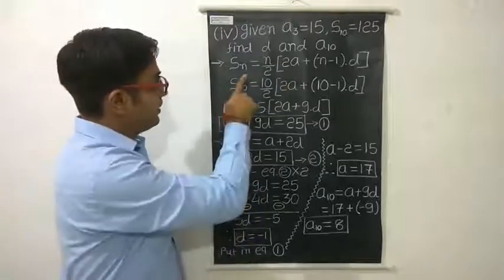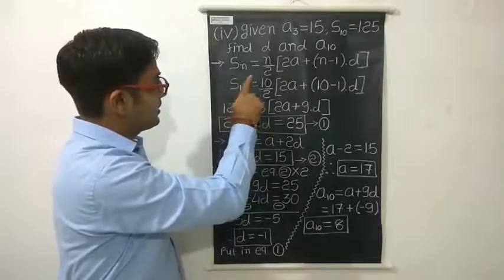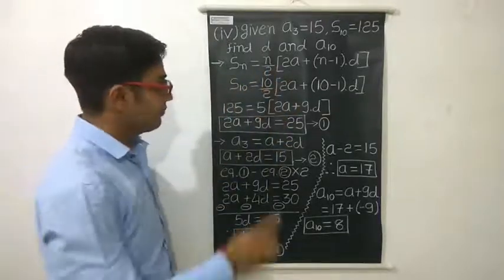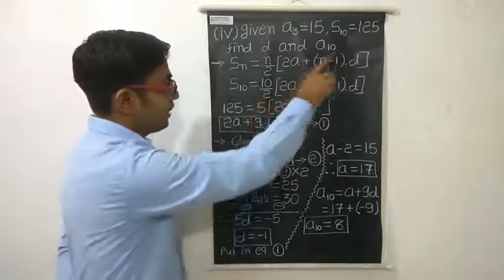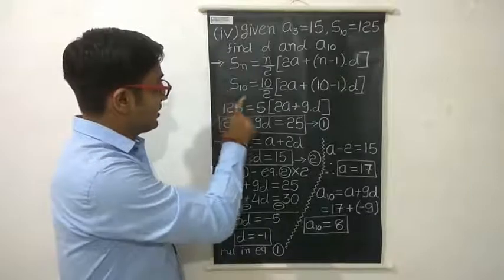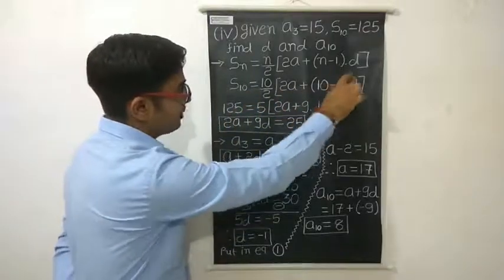The formula for the addition of the first n terms is Sn is equal to n by 2 into 2a plus n minus 1 into d. Now we will use this formula for the value of n is equal to 10. So S10 is equal to 10 by 2 into 2a plus 10 minus 1 into d.